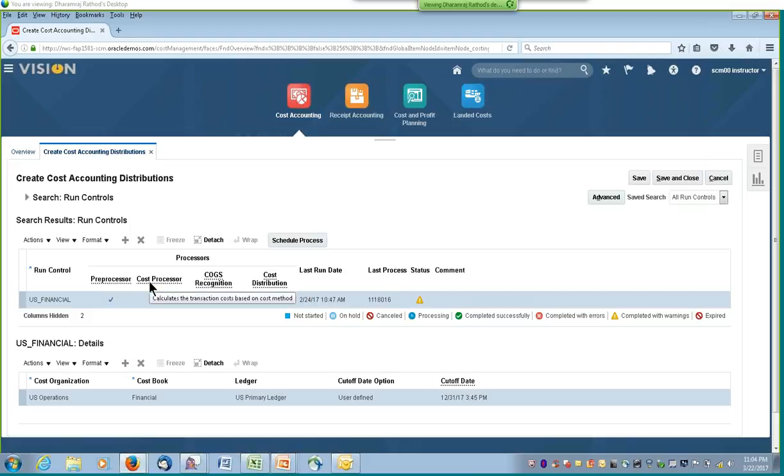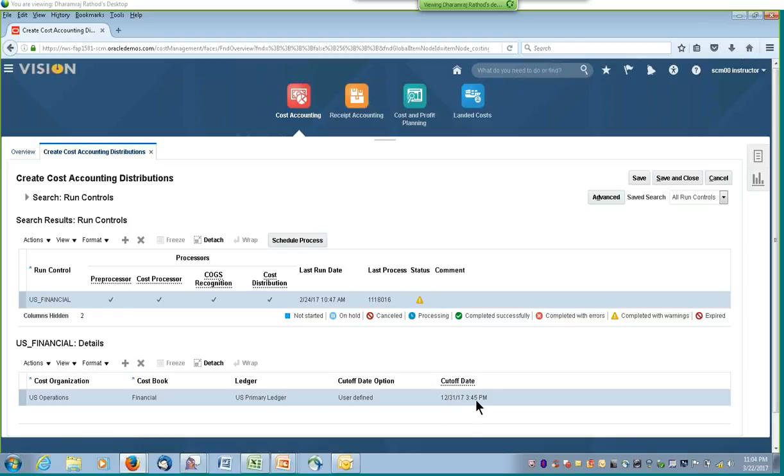And then the cost processor will pick those transactions and cost them based on the cost method. And at the end, when you have your sales order issues, and you have got revenues from receivables, you would do a COGS recognition, and at the end you do the cost distributions. So you have flexibility to pick and choose what you want to run, or you can run all of these, and when you run, you will run in context of these parameters.